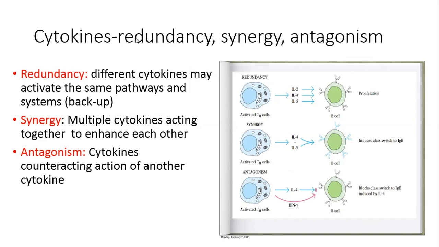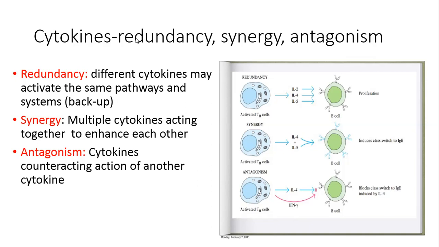So beyond pleiotropy, what other properties of cytokines help us view the way they regulate the activities of cells, in that team-building, coordinated way? There are three other ways.